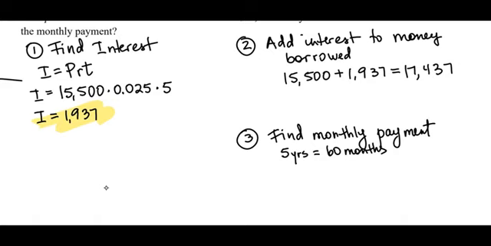So to find the monthly payment, we take 17,437 divided by 60 months, and the monthly payment is $290.62.